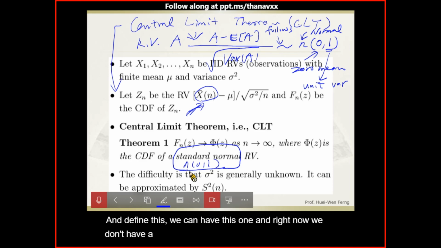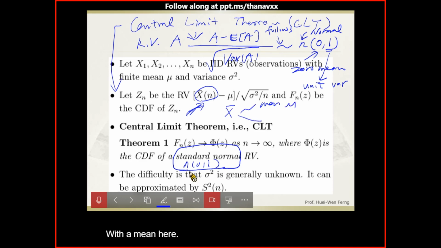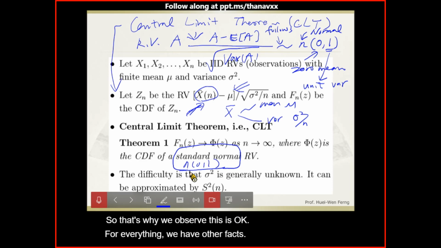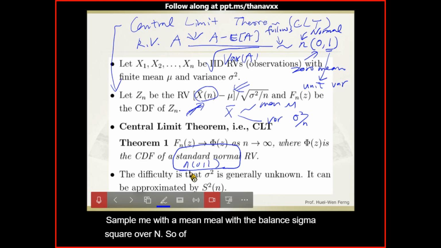Previously, we know the sample mean has the mean mu and the variance sigma squared over n. So of course, we can define Z sub n here.